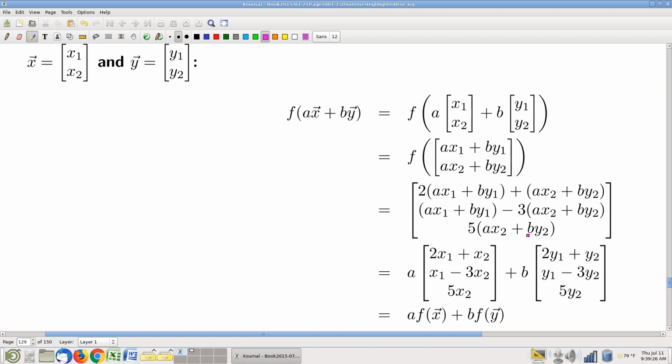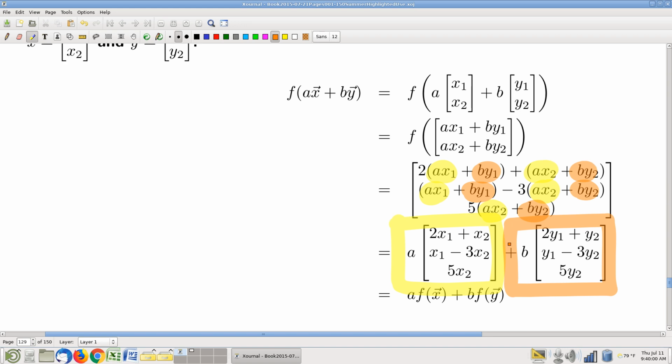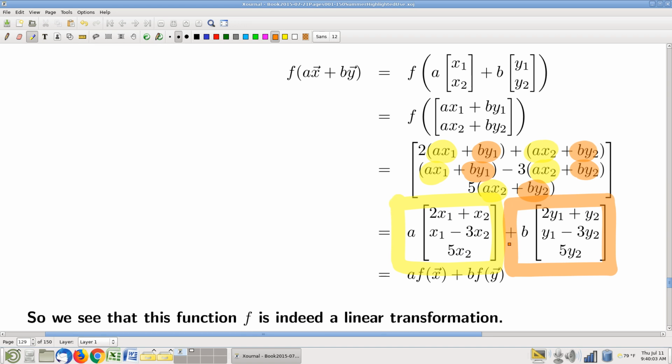So I'm just going to take the terms in here that have X's and A's in them, and clump them all over here, simultaneously factoring out the common factor of A. And then I'm going to take all the terms that have Y's and B's in them, and group them over here, again factoring out that common factor of B. So, just rearranging.